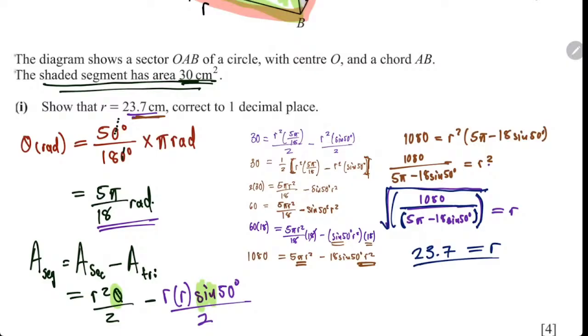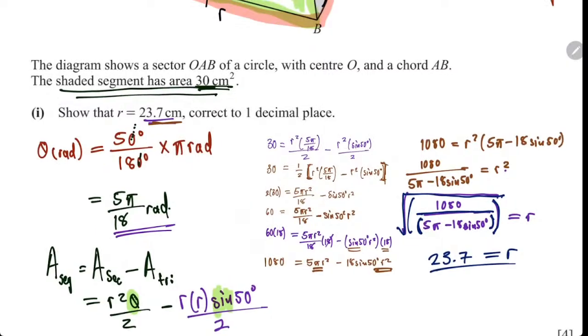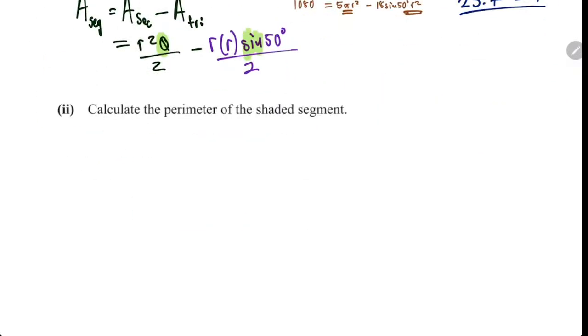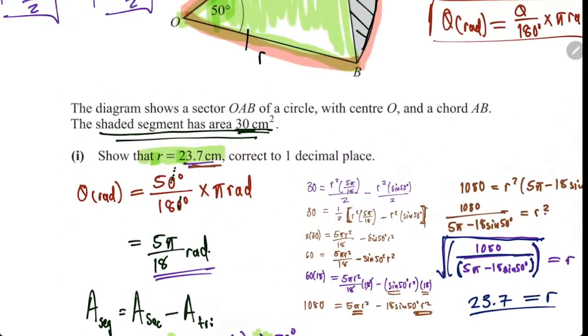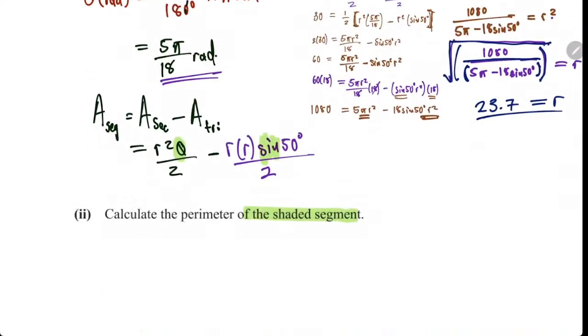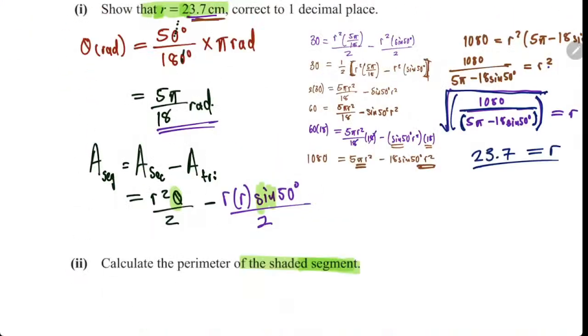Now, even if you don't get it, this is the last time I'm showing you. For when they say show, that means this is the answer. So if you want to continue to the next question, you use the same answer you just found. Because now they'll say, what is the perimeter of the shaded segment?